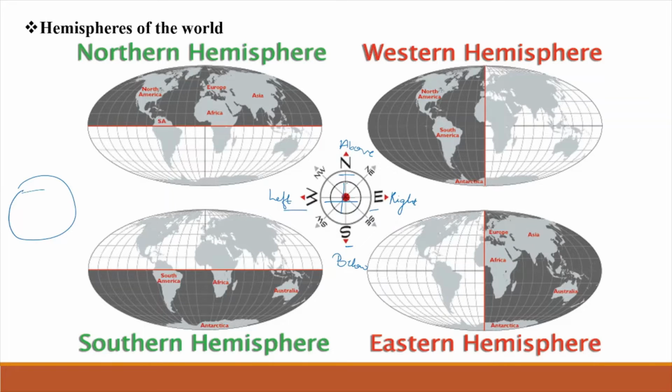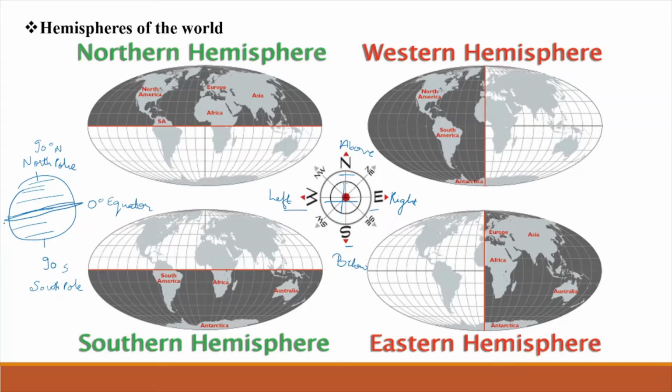We know latitudes are imaginary horizontal lines on the globe. Now, the main latitude at 0 degree is known as the equator. It divides the globe into two equal parts. On top, I will have my North Pole at 90 degrees north, and below at 90 degrees south, I will have my South Pole.